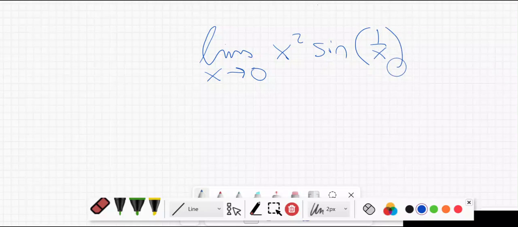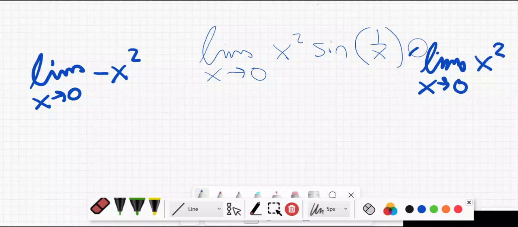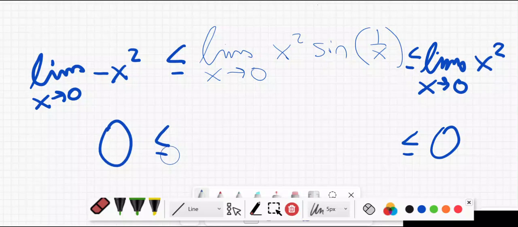Well, we just showed that we know that this limit and this limit, and we know that the one we care about is between these. We just showed that this one goes to 0, or literally you can just plug in 0. That one you can do algebraically. It's a pretty simple function.